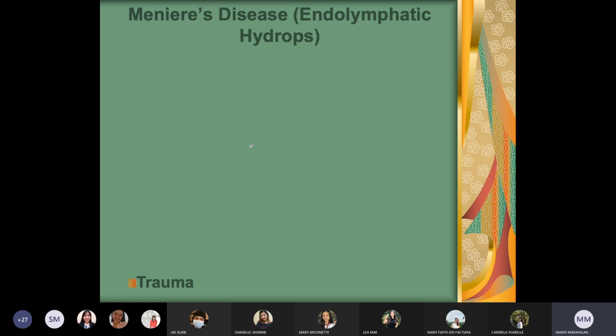The difference of the two, acute and chronic, meron siyang cholesteatoma. Cholesteatoma, it is a growth or cyst which can involve the mastoid. Okay? So magkakaroon siya ng opening and it can also damage the mastoid bone. So acute mastoiditis also.